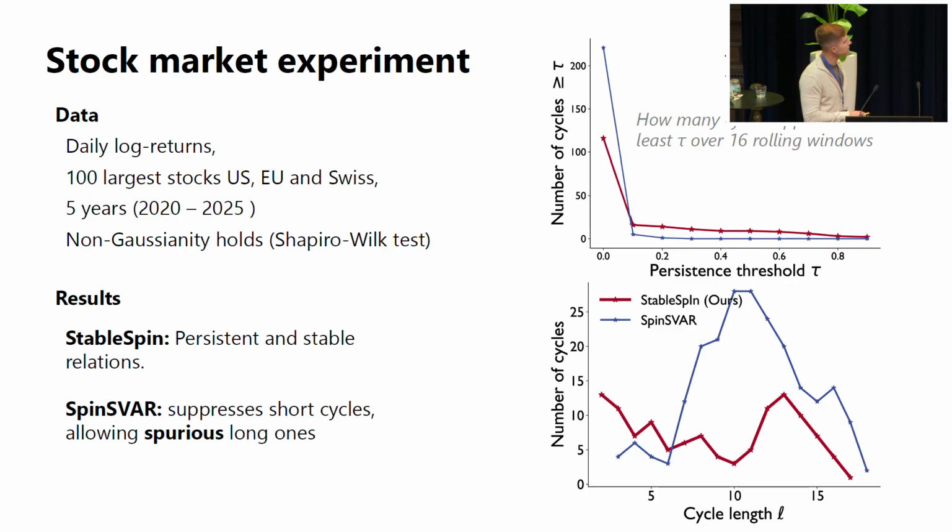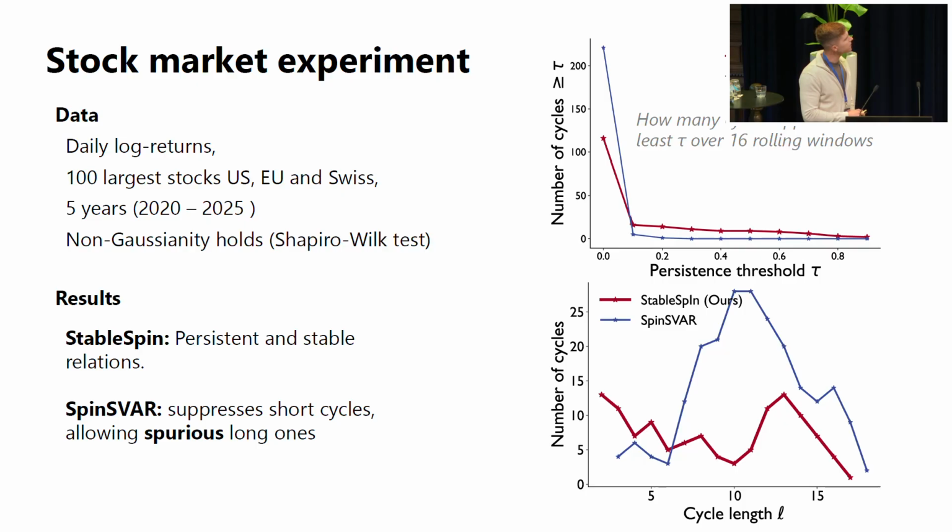And then below we see the length statistics, and we see that SpinSvar typically discovers many cycles of quite large length, which is a bit counterintuitive since SpinSvar is supposed to be an acyclic method. But the way the acyclicity is enforced is as a soft regularizer, so it still recovers cycles.